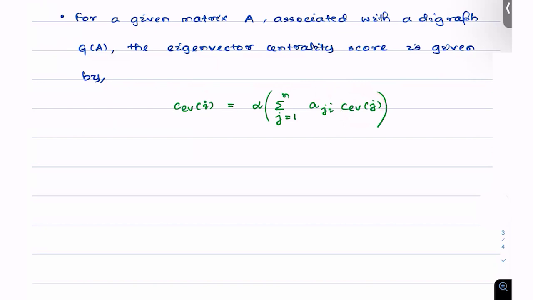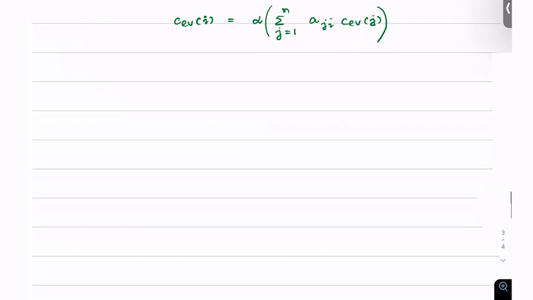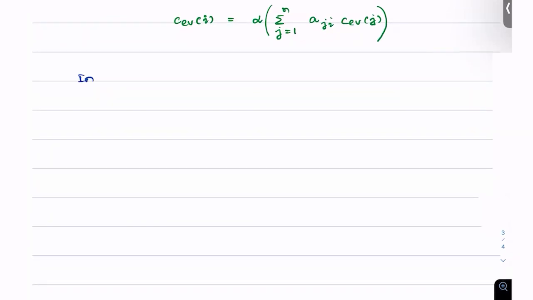Now we see that not only is this measure proportional to its degree, it is also proportional to the importance of its neighbors, which makes it different from the notion of degree centrality. This definition can be written in a more summarized way in matrix form.